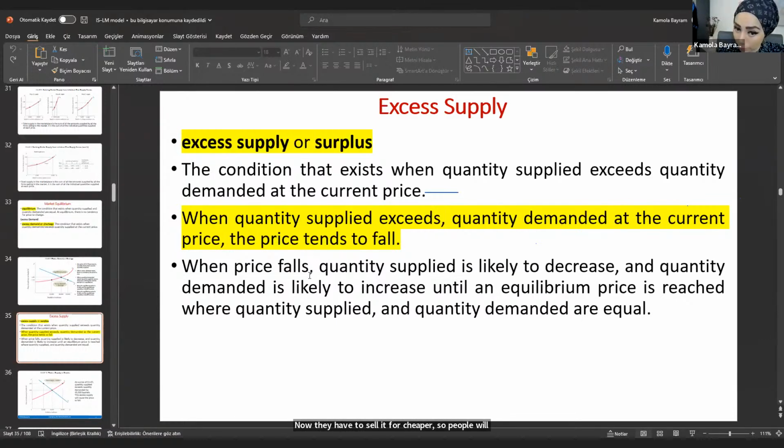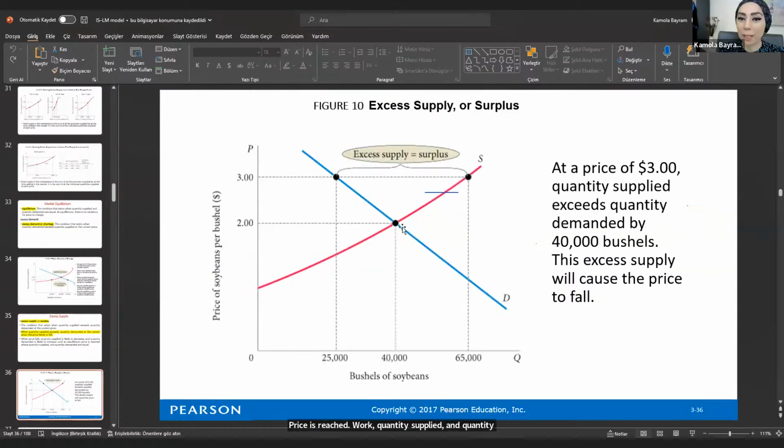When price falls, quantity supplied is likely to decrease and quantity demanded is likely to increase until again they meet somewhere, where that point is known as equilibrium. Price is reached where quantity supplied and quantity demanded are equal. So again, we are going to meet here.